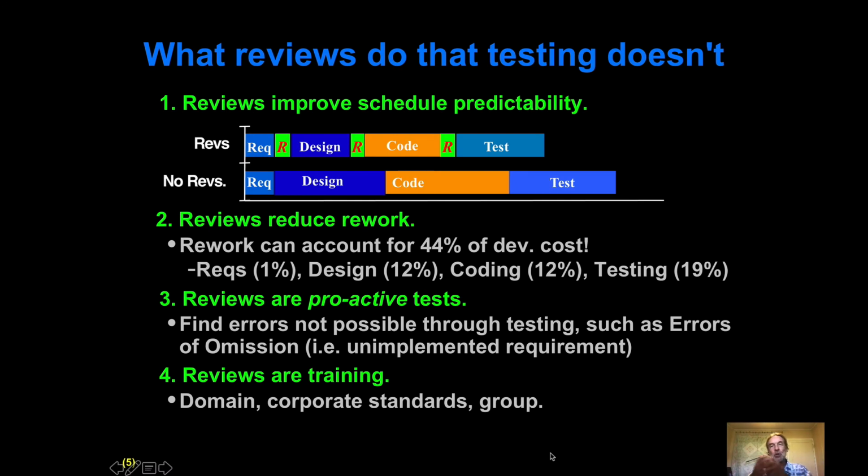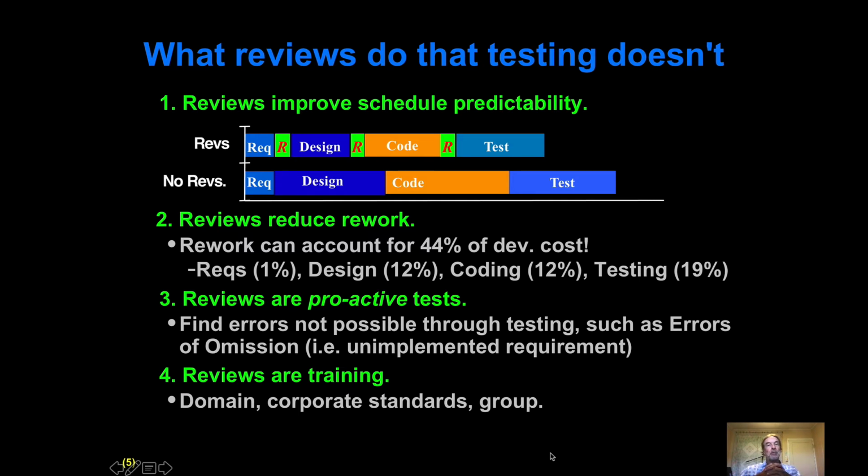So there are some things that are cool about software reviews. The first thing is that it turns out that reviews improve schedule predictability, and the idea there is that if you don't have reviews, then particularly as you get to the coding phase and the testing phase, things could take wildly different amounts of time, and it's hard to know how long the coding phase or the testing phase will last.